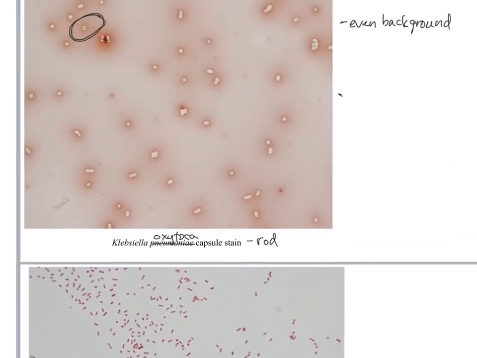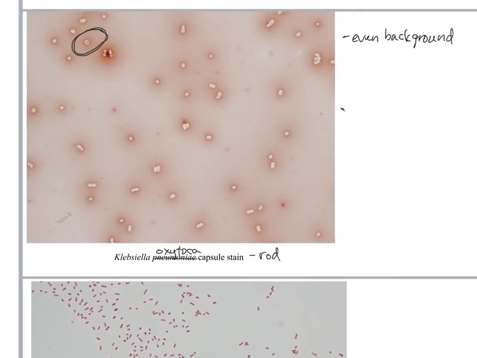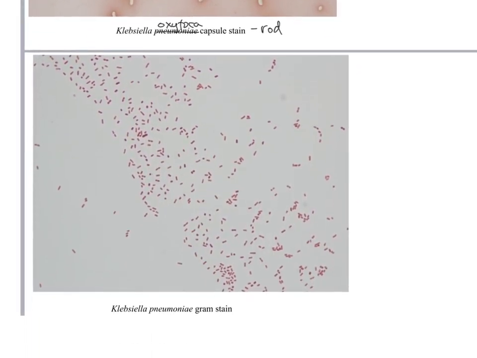Okay, so notice how much bigger the cells look when we capsule stain them as when they're gram stained. Remember, the capsule is not visible because we've heat fixed these cells. So that just tells you how big and puffy the capsule is that these cells are making. Okay, so that's just a nice comparison there.